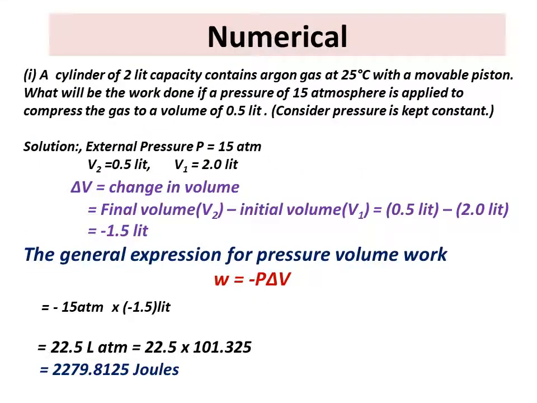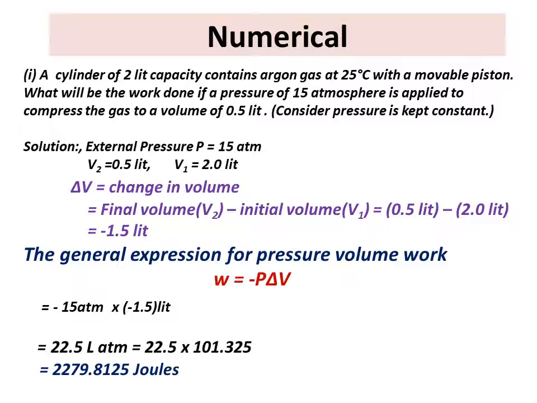Now let us do one numerical based on the above equation. We have derived it and talked about its two cases, contraction and expansion. A cylinder of 2 liter capacity contains argon gas at 25 degrees centigrade with a movable piston.